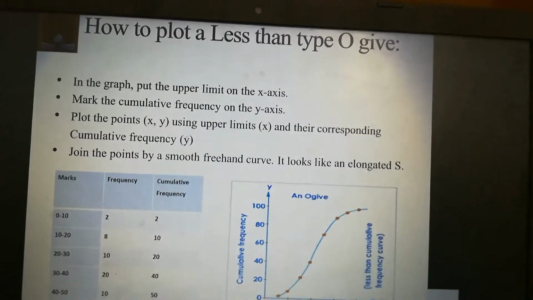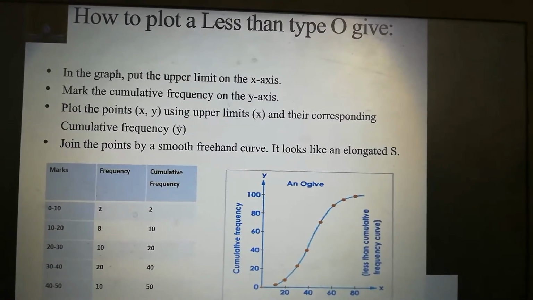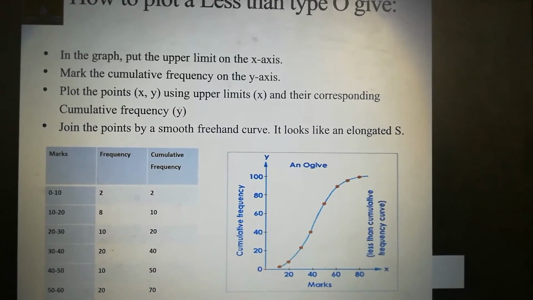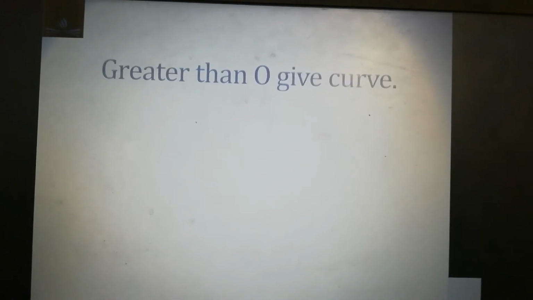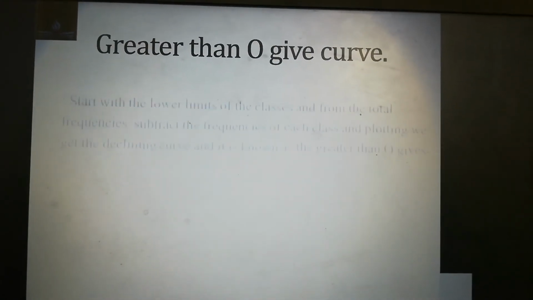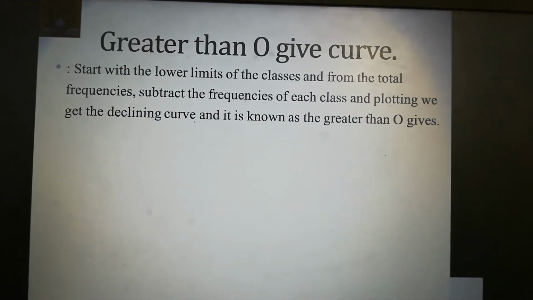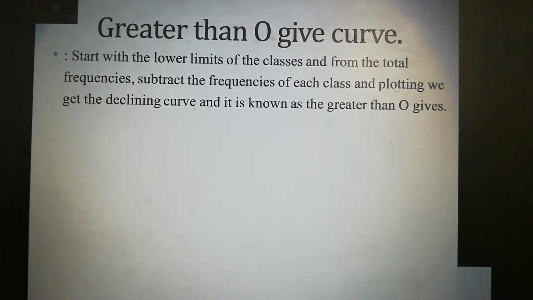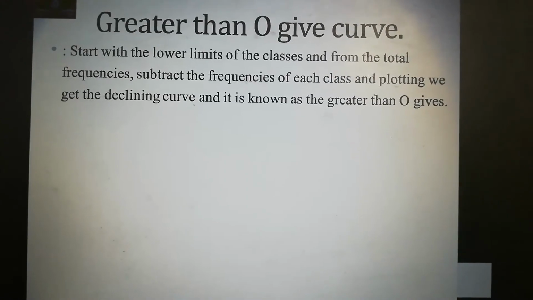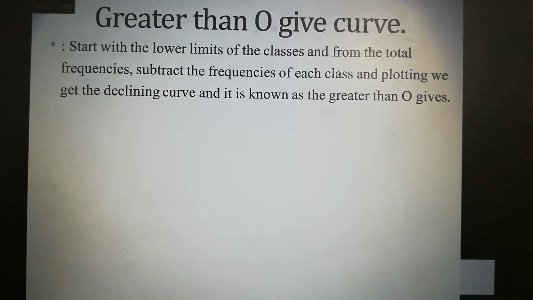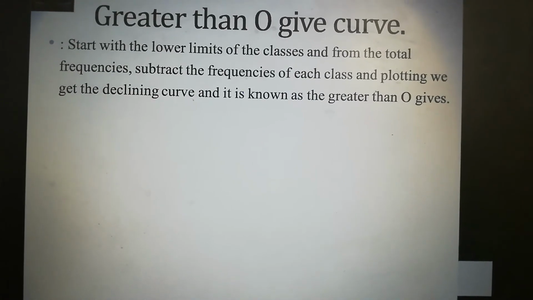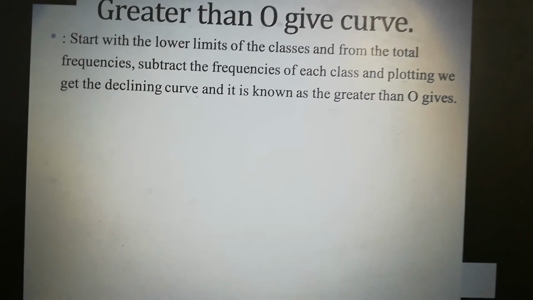But remember, in this less than curve, we take the upper limit of the class interval and keep on adding the frequency. Next is more than, or greater than, just the opposite. So here, instead of the upper limit, we start with the lower limit of the classes and from the total frequency subtract the frequency of each class and plot.